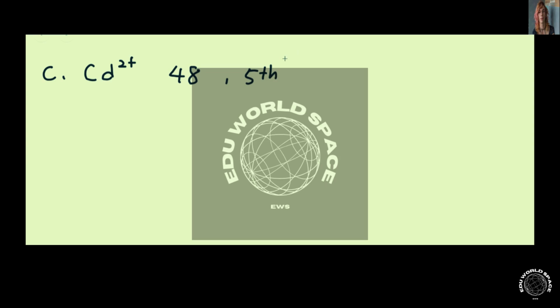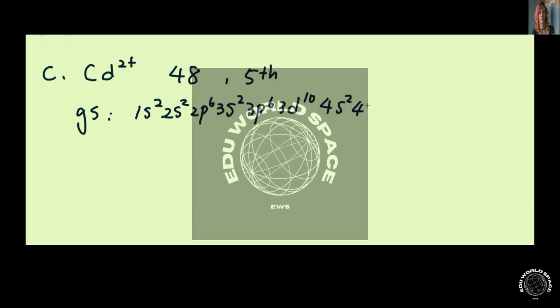So its ground state electronic configuration will be 1s2, 2s2, 2p6, 3s2, 3p6, 3d10, 4s2, 4p6, 4d10, and 5s2.